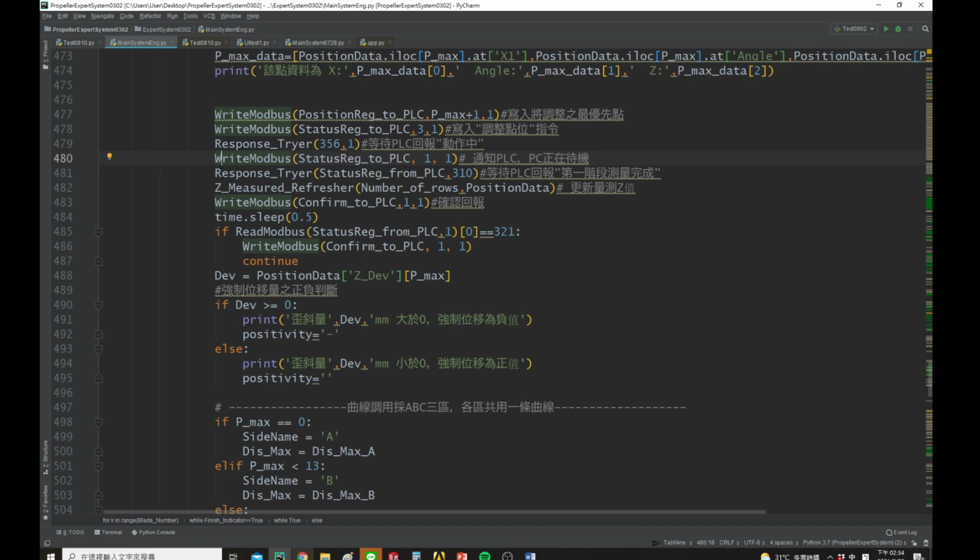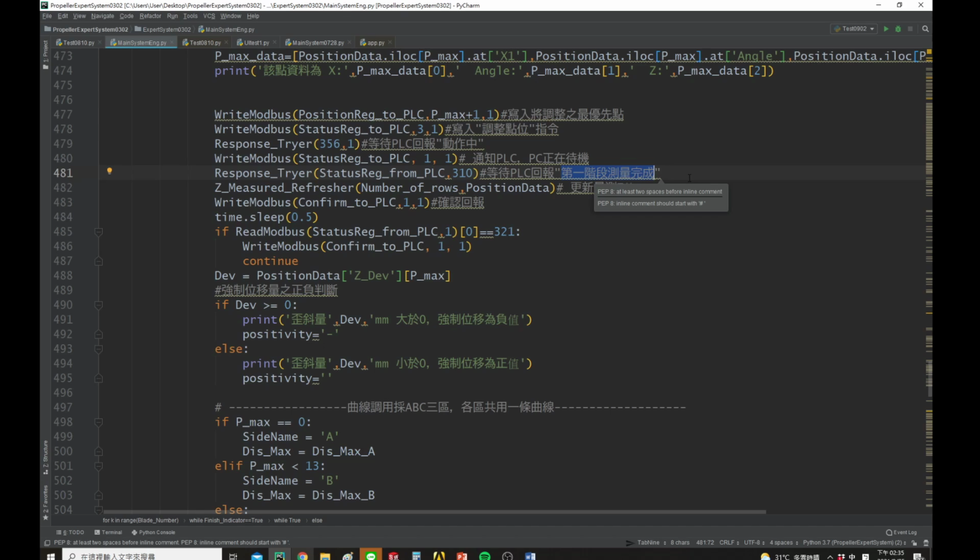Here we need to wait for the machine to tell us that the first stage of the process is done.